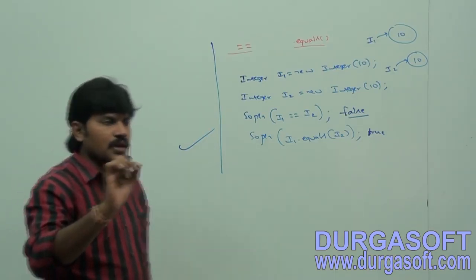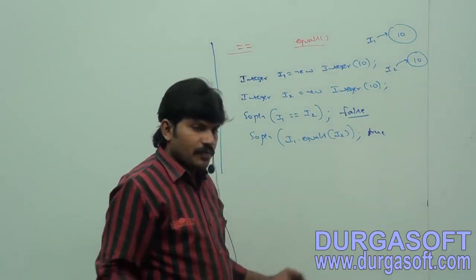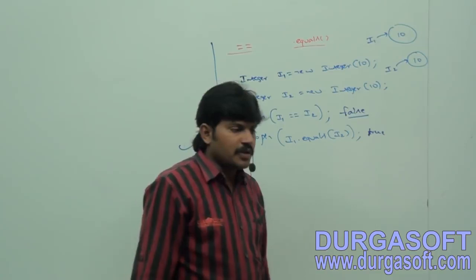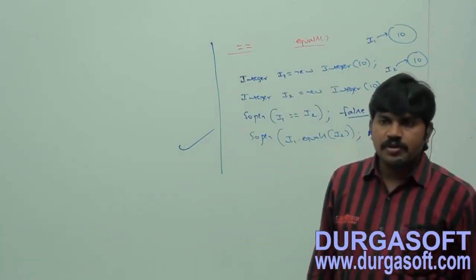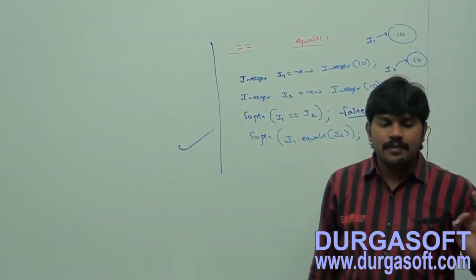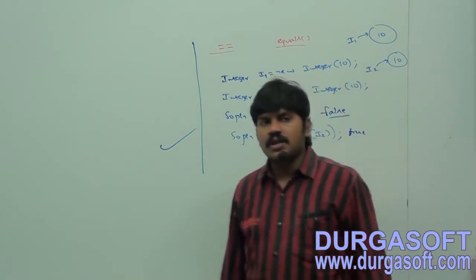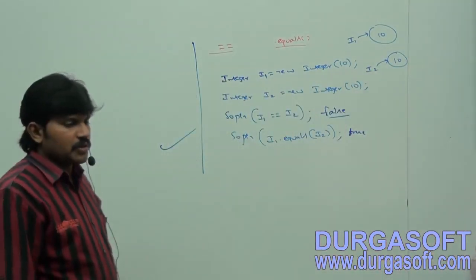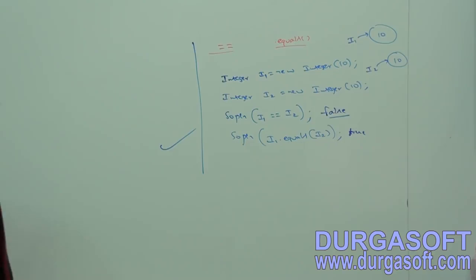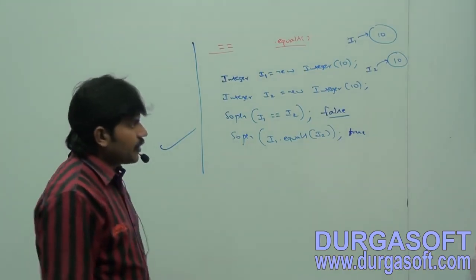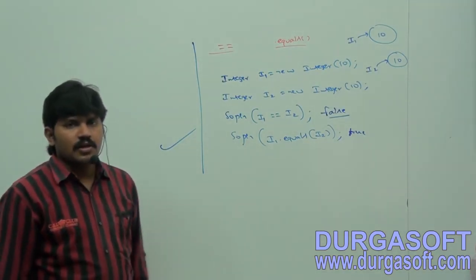Just add one note, or otherwise keep subverting. Difference between double equal operator and the dot equals method.